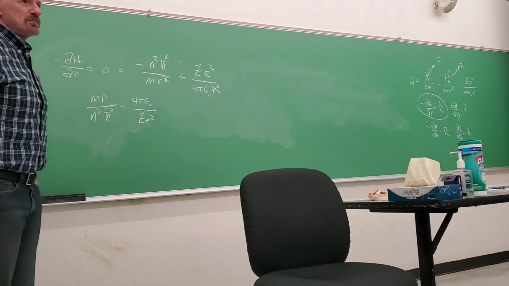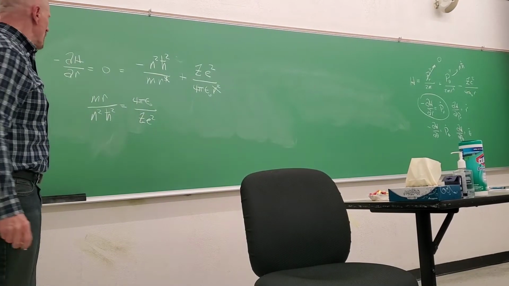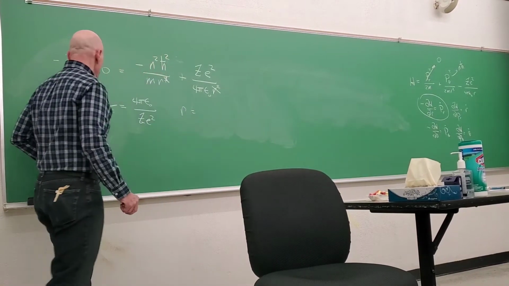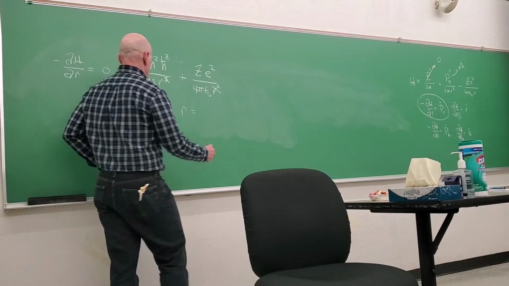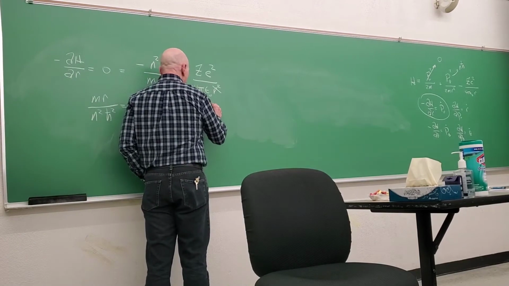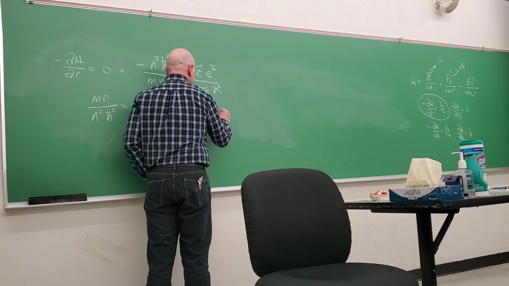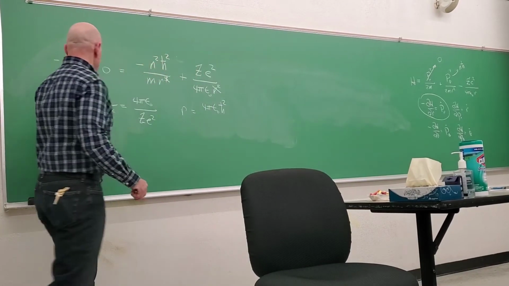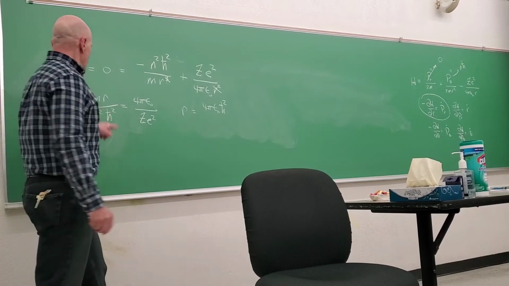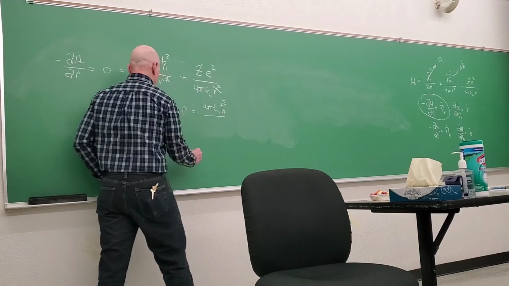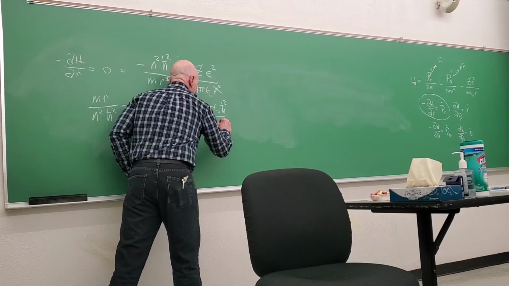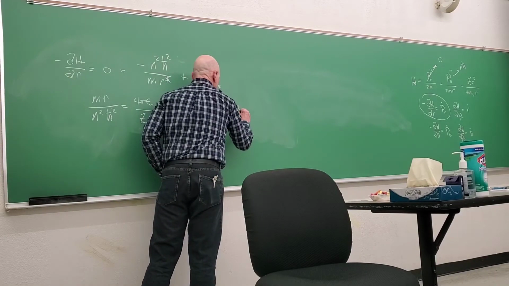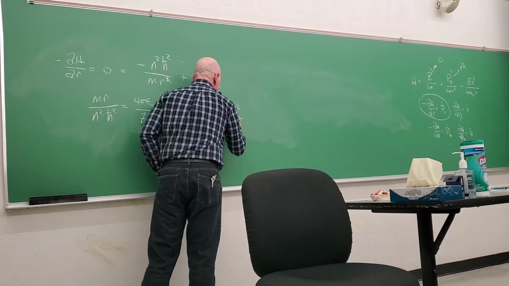All I did is invert both of those, setting equal to each other. Solving for r then, bring this across, r becomes 4 pi epsilon 0 h bar squared divided by m e squared, and I'm going to have an n squared over Z.